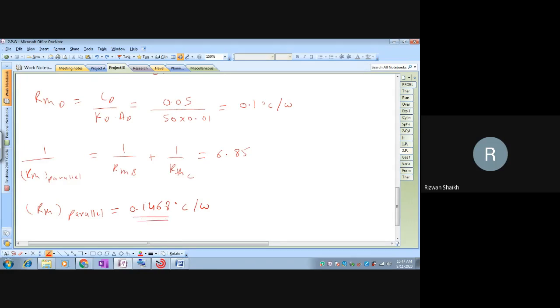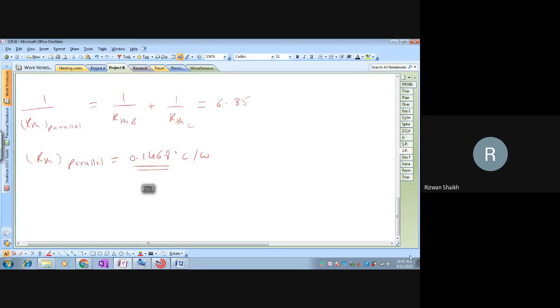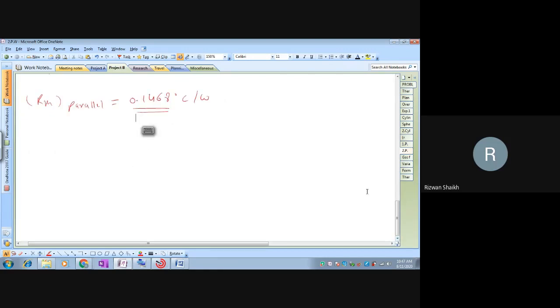Now you can apply the direct formula of RTH total. RTH total is equal to RTH A plus RTH parallel plus RTH D. If you add this, you will get the total thermal resistance as 0.2668.